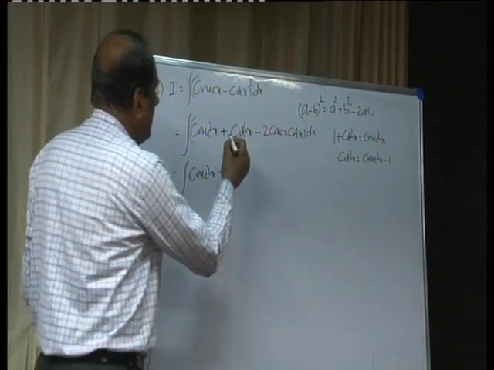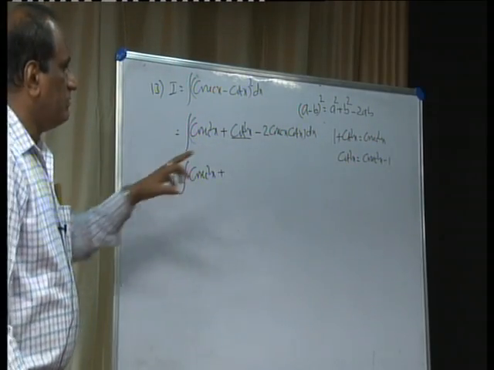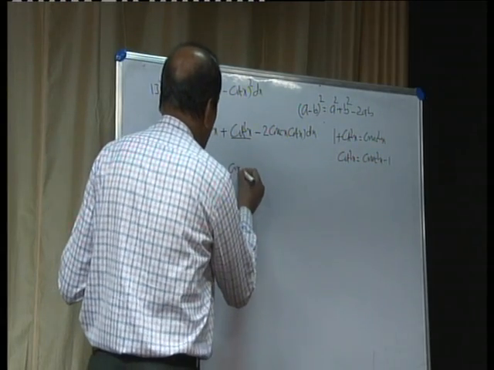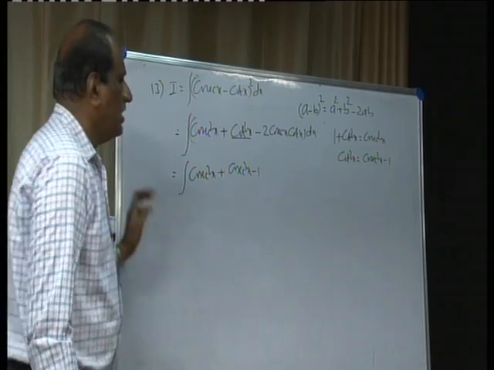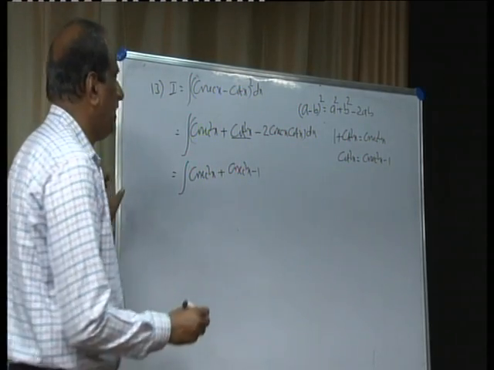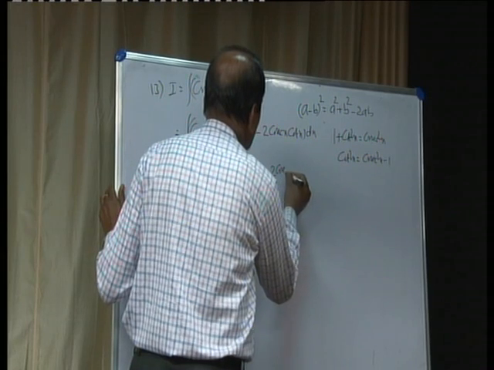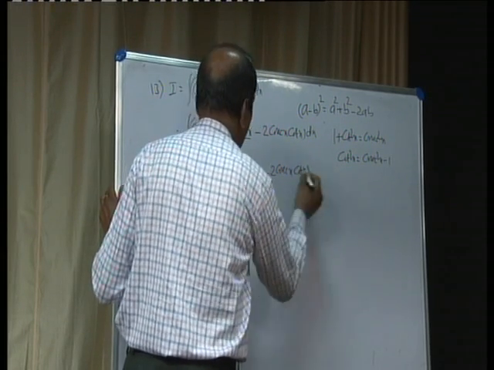Therefore write cot square x in terms of cosecant square x, which can be integrated. So cot square x can be written as cosecant square x minus 1, minus 2 cosecant x cot x dx.